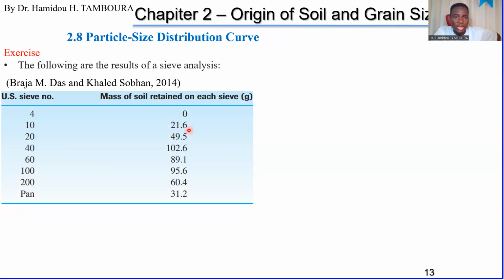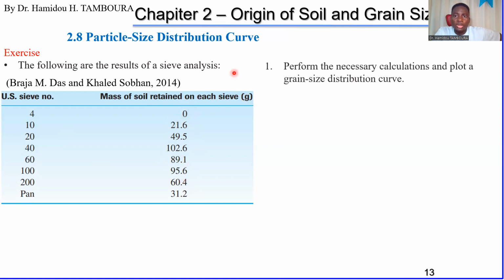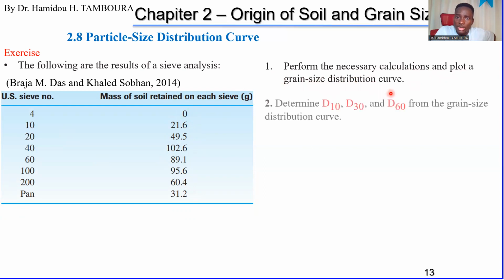And we see here the mass of soil retained on each sieve in grams. That one is okay. So we are asked to perform the necessary calculation and plot the grain size distribution curve.